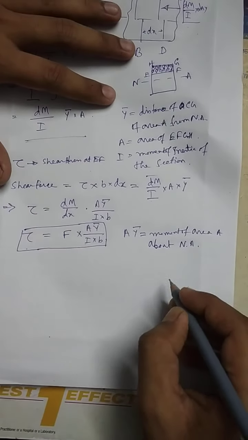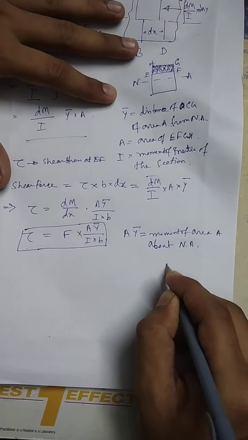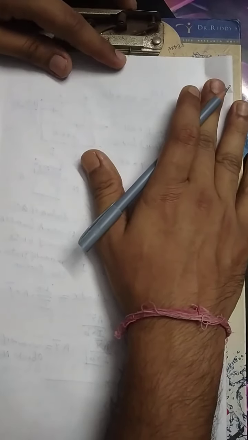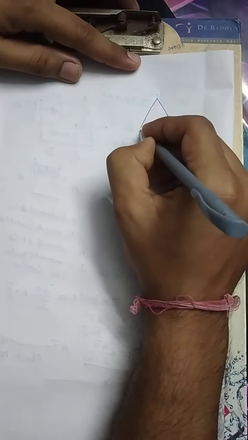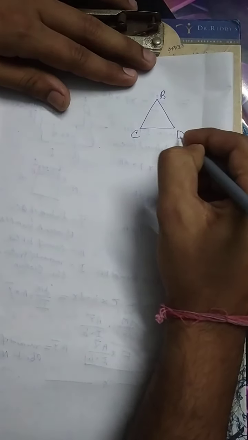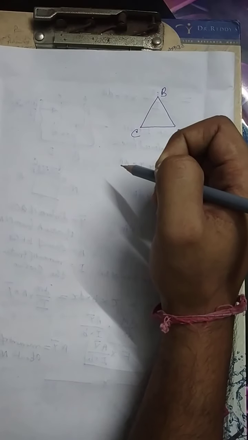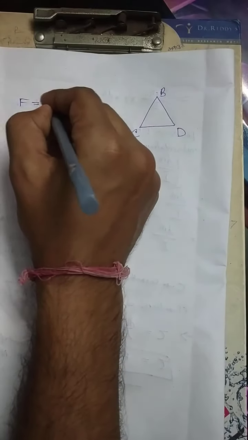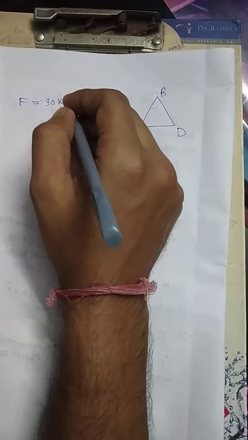Let us have a beam whose cross section is like an isosceles triangle, where the vertices are B, C, D, and it is given that the shear force F is 30 kilonewton at a section where the base width is shown.